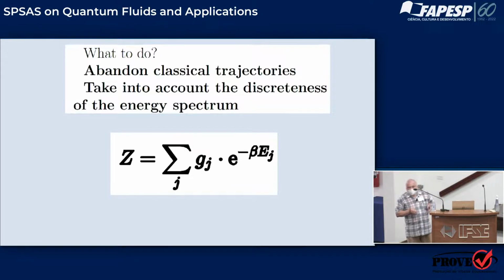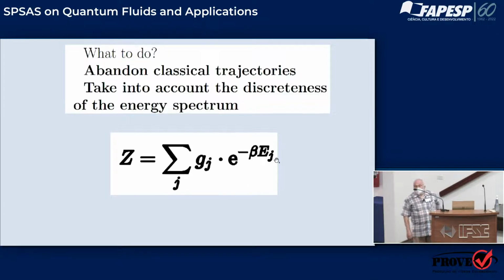Therefore, instead of an integral, you have to calculate a sum. A sum with exponential, with energy levels, and some factor G. This means degeneracy, because sometimes there are many states with the same energy. Okay? Therefore, the problem is to calculate these energy levels and calculate these sums.